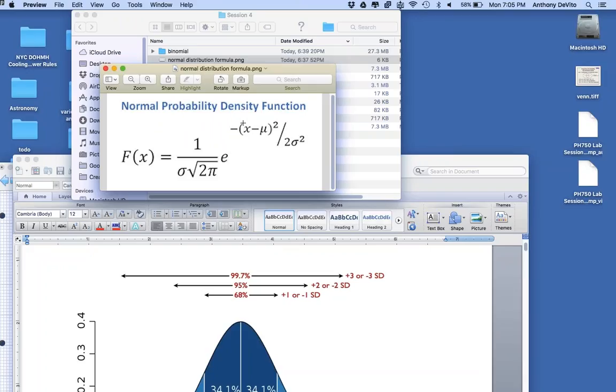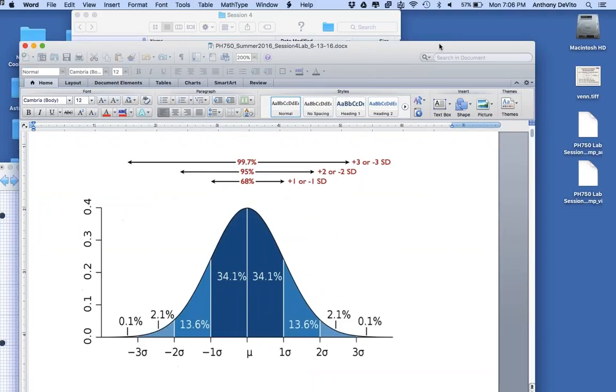We have x, any particular value for a person in that population, and we have the mean and the standard deviation. So the mean and the standard deviation are really what determine the shape of this distribution, how spread out it is, and so on. And so this formula actually represents the line that represents this normal distribution.